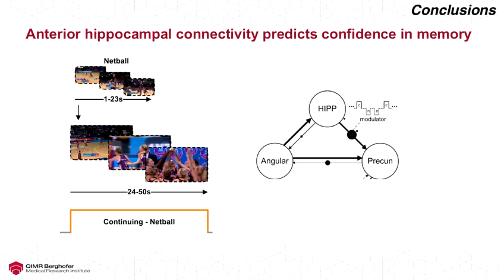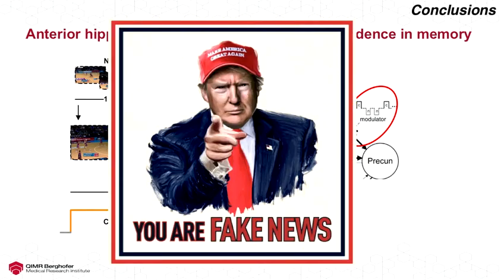Importantly, this connectivity seems to be crucial to how confident we feel about the content of the news clips that we memorized. But of course, no matter how confident you feel about your memory, this could all still be fake news.